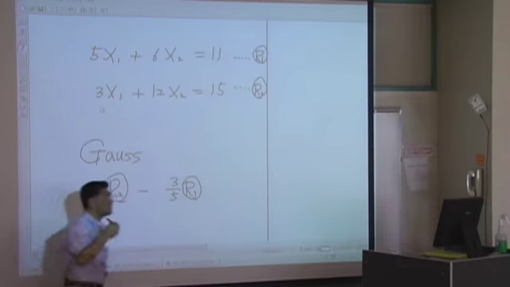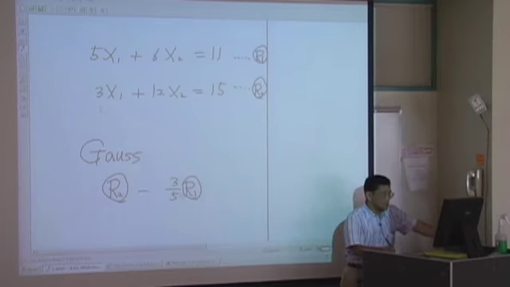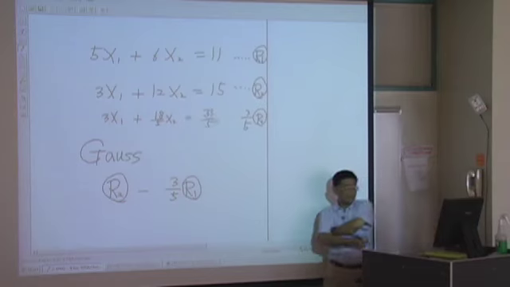So let's really do the calculation. 3/5 times row 1 is what? 3/5 multiplied here is 3x1, and then 18/5 x2, and then the right side. So this is the 3/5 row 1.